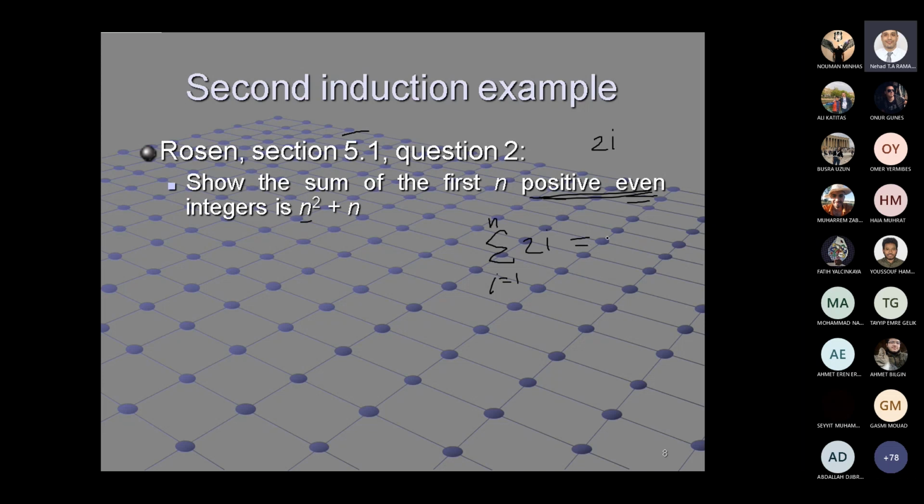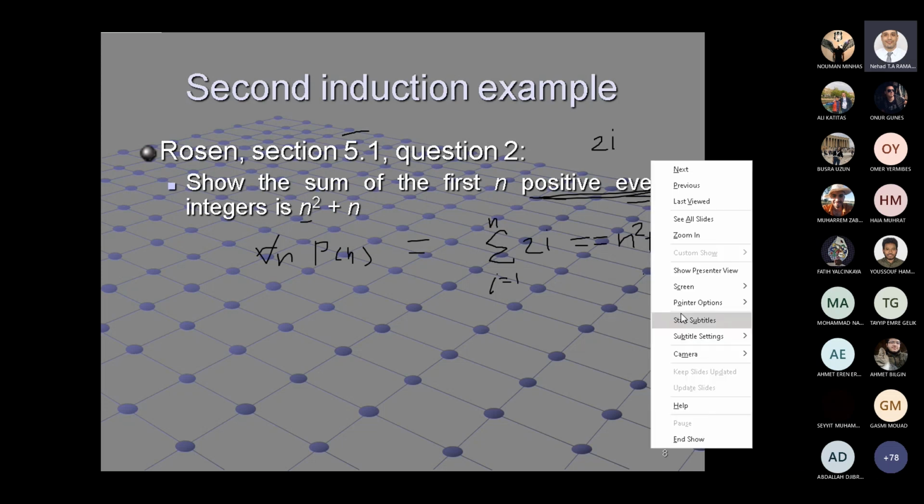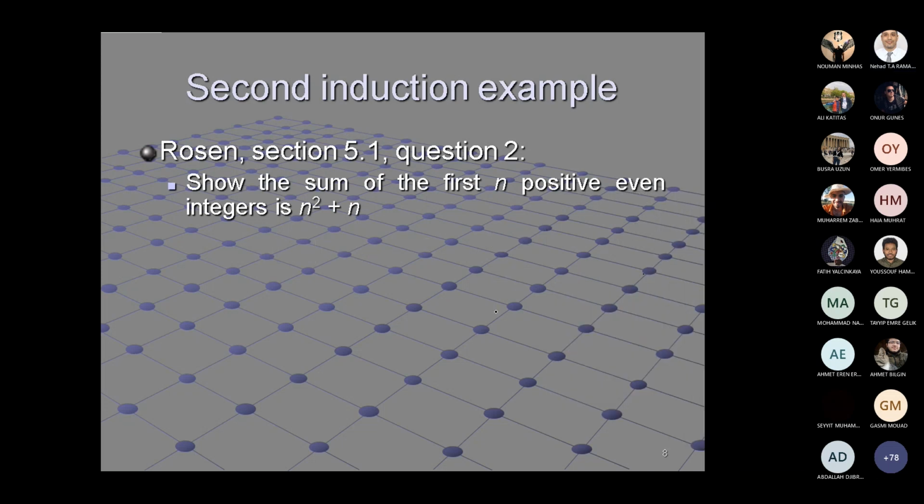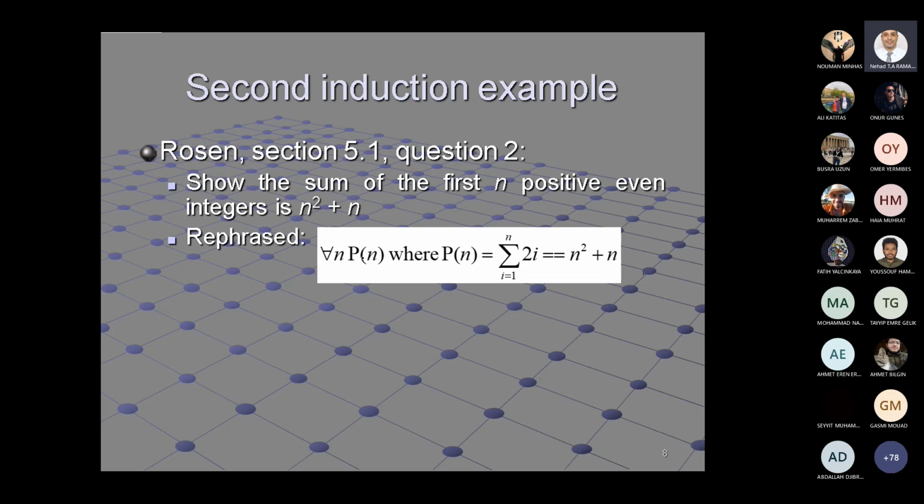We need to show that it's equal to n to the power 2 plus n. So we write our equation, of course, for all n. We have Pn equals this one. So this is our equation as I wrote it for you.